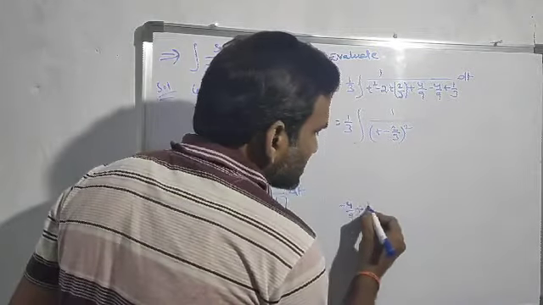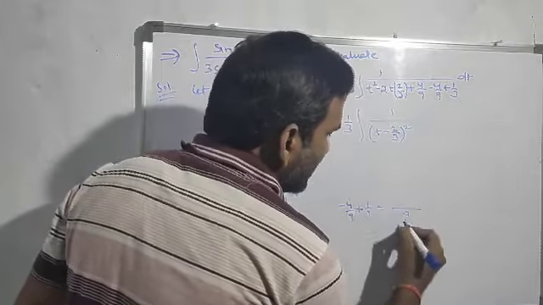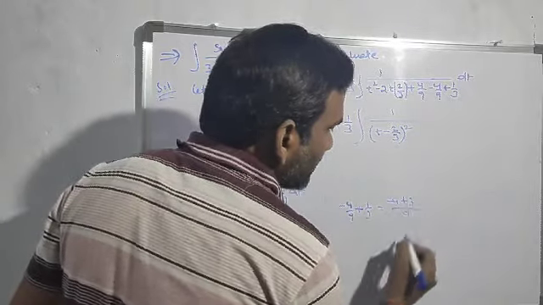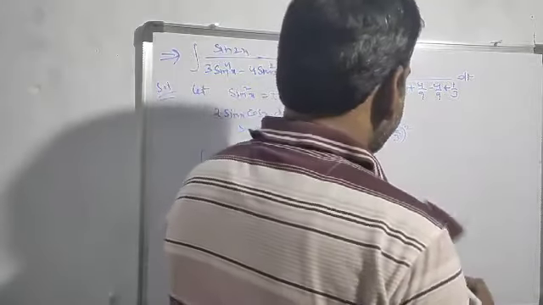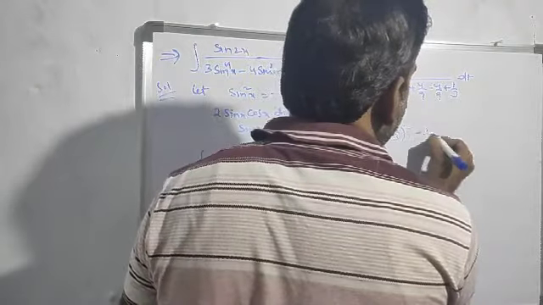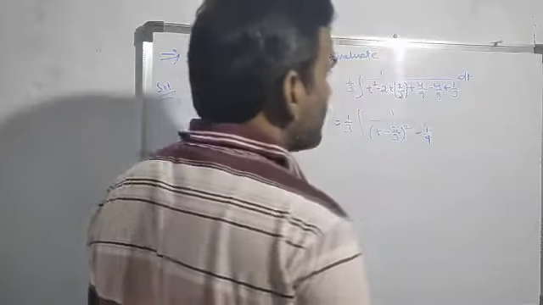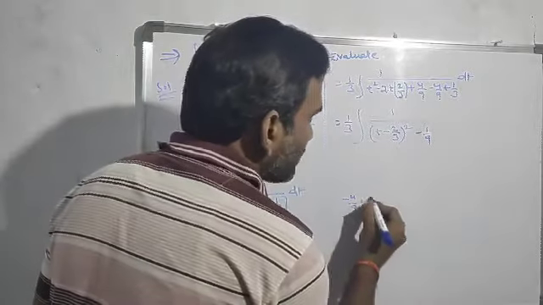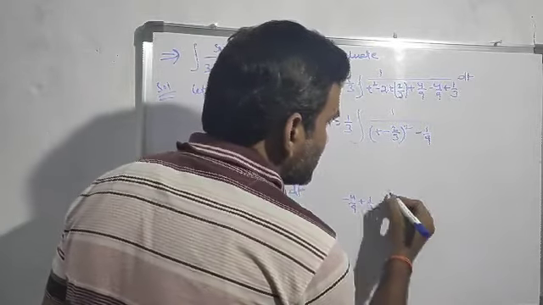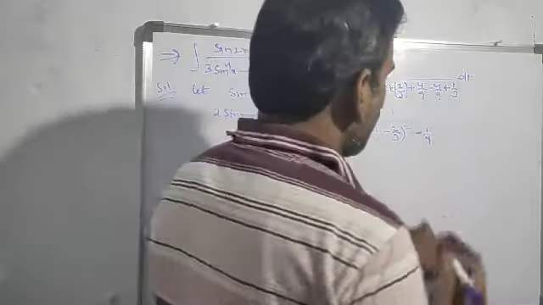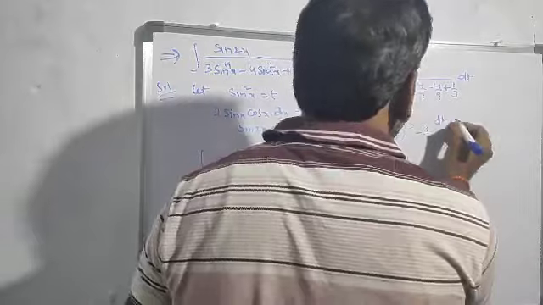That means 9 is the LCM, minus 4 plus 3, that means minus 1 by 9, into dt.